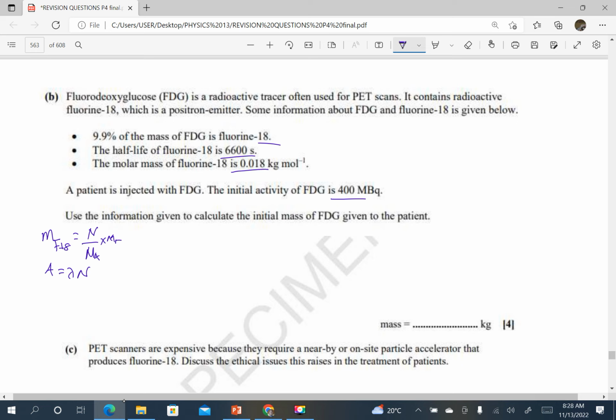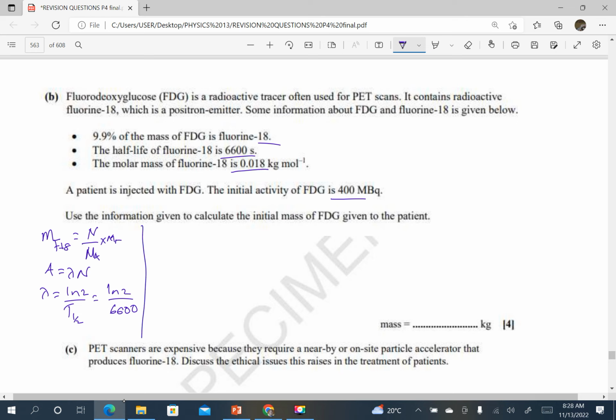We know that the decay constant lambda is equal to ln of 2 divided by the half-life, T half. So this is going to be ln of 2 divided by 6600. That is the decay constant.